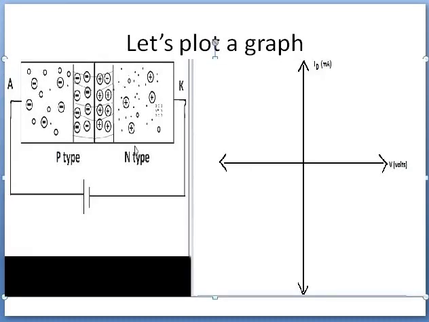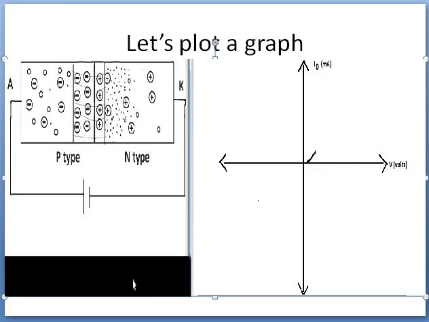It's a clip from my previous video. I showed you how the battery is connected and how the majority charge carriers, the electrons, start gathering here near the depletion region. They start pushing the junction because they are very excited and they have enough energy to lower the barrier.